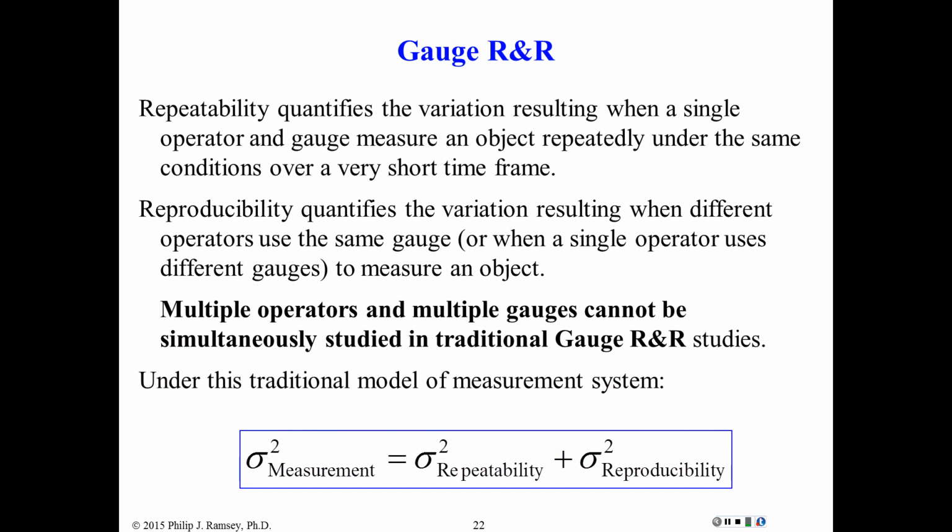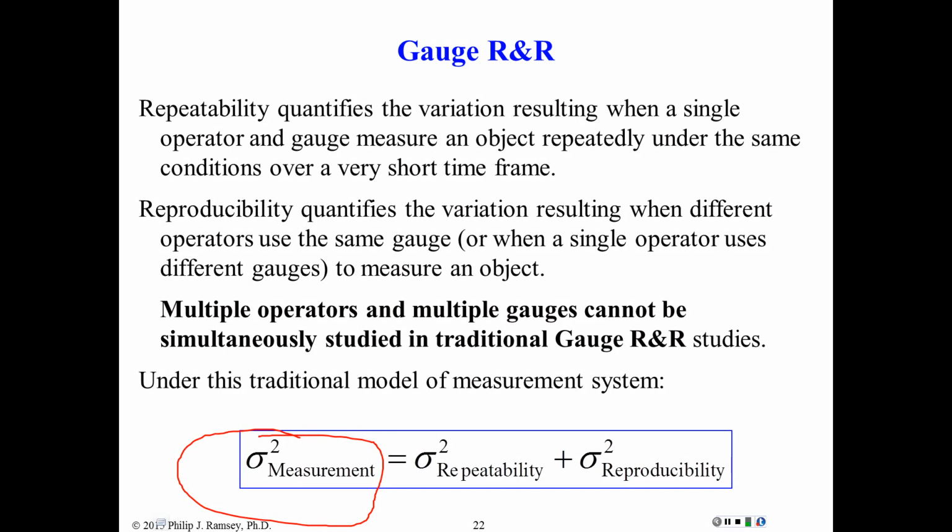Okay. So remember, I talked about breaking down the sources of variability. At the bottom of slide 22, on the left-hand side is the total measurement. We call that sigma squared measurement, where sigma represents variation or noise, for instance, the sigma in Six Sigma.